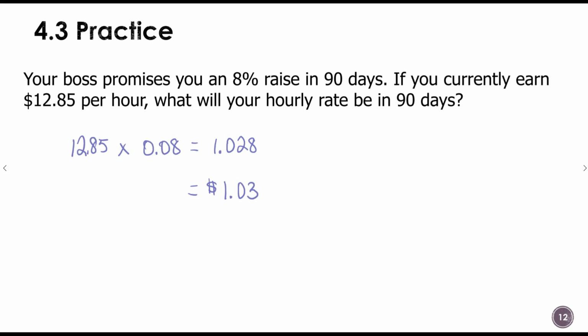And it says, what will your hourly rate be in 90 days? So a lot of times there's that 90-day kind of trial period when you start a job, and so then you take your $12.85 and add it to the $1.03, and that's going to be how much you make per hour after you get your raise. And that would be $13.88.